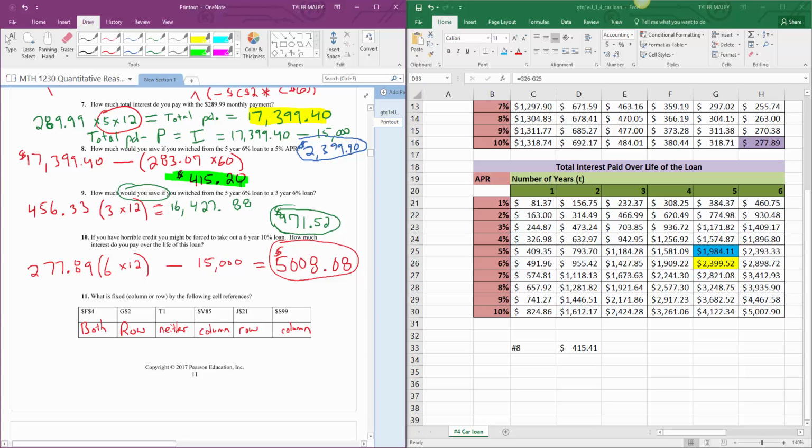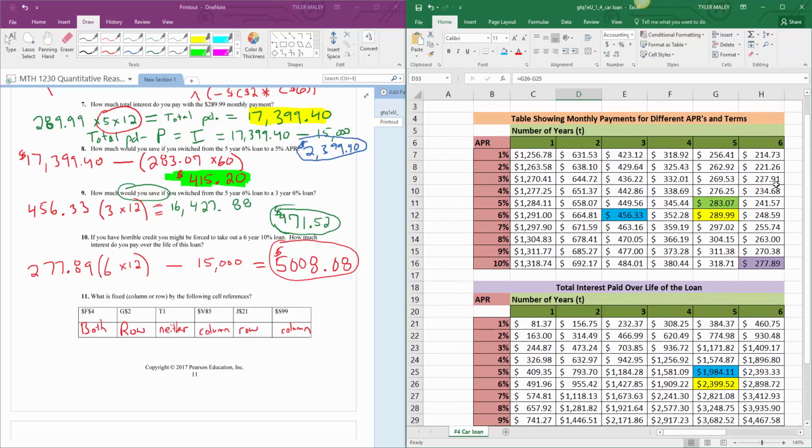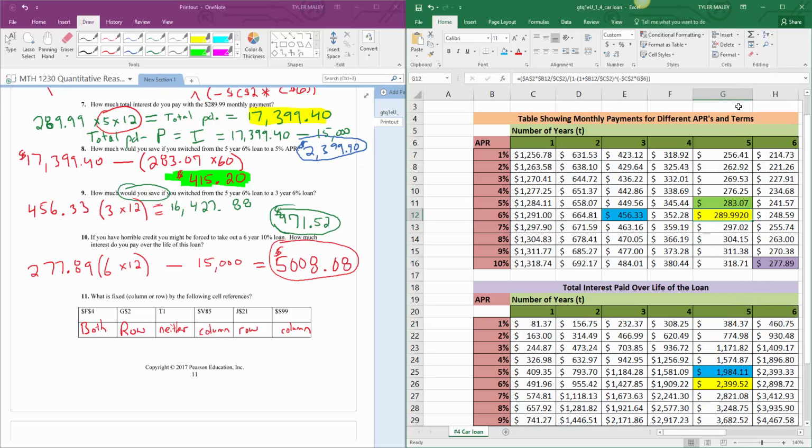Notice though that that's a little bit different from what we got from our calculation earlier. You might wonder why that is off a little bit. If we scroll up and look at the first table, my best guess is that if I click on cell G12, which is the yellow, the payment function for 5 years at 6%, and add more decimal places, there are more decimal places than what has been shown, if we're just rounding to the nearest cent.